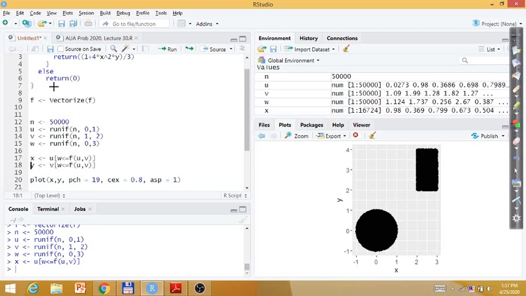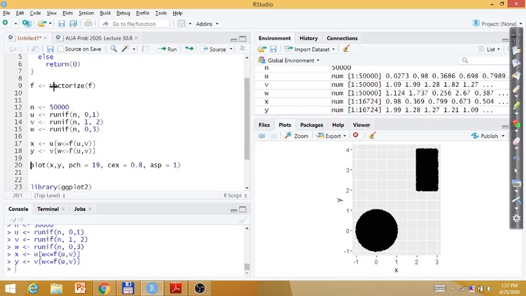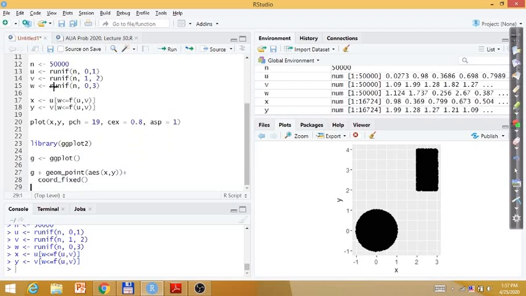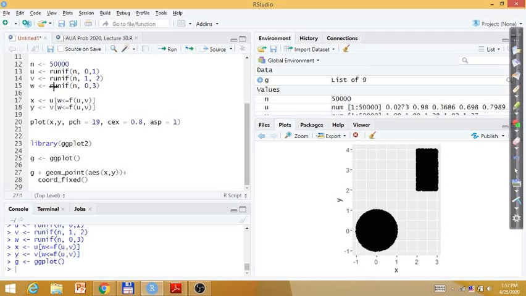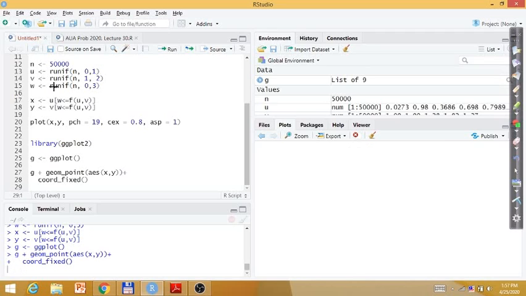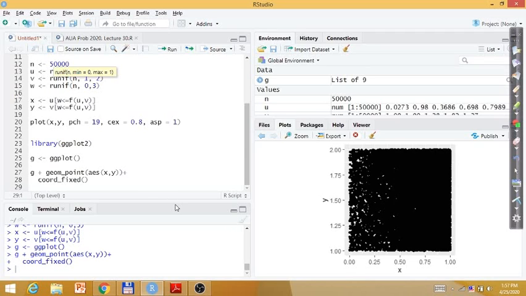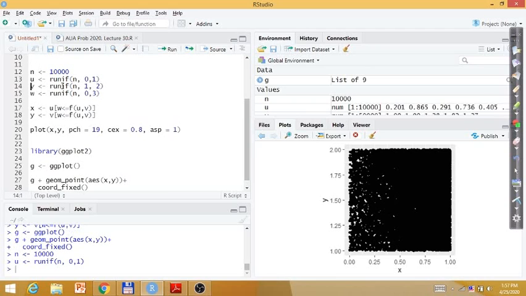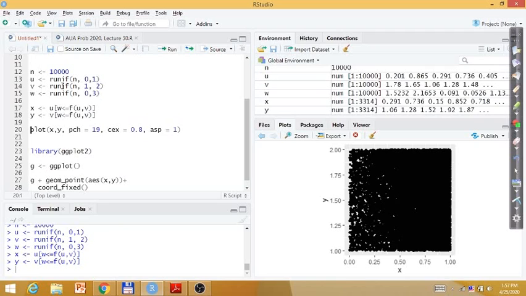So running this, running that. Now I will do not the standard plot but ggplot. So opening new ggplot, then adding those points. Maybe I will decrease the values. Maybe I will use 10,000 and run all this.